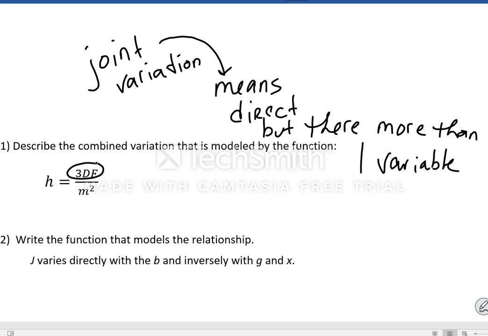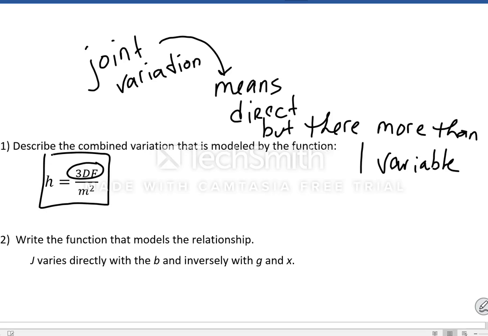So I'm going to now write this whole equation in words. So here's how I do it. I'm going to take the letter H. It varies. Remember, equal sign kind of acts as a varies. And because the 3, the D, and the F are all together, what does it vary?